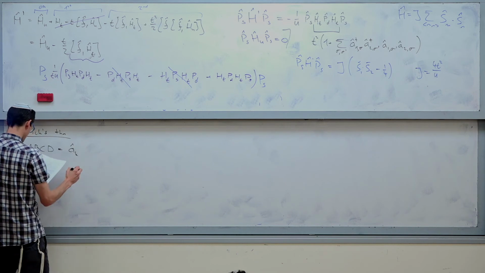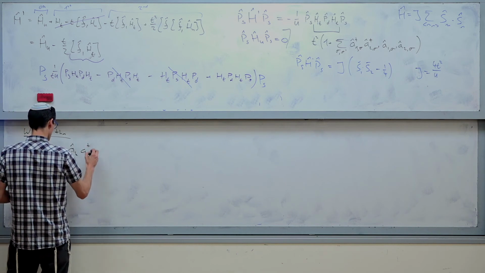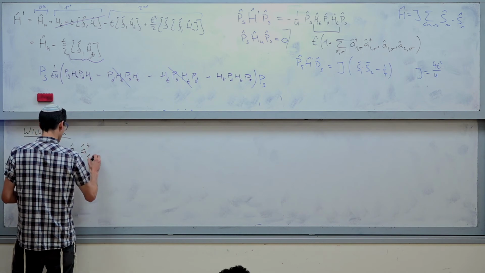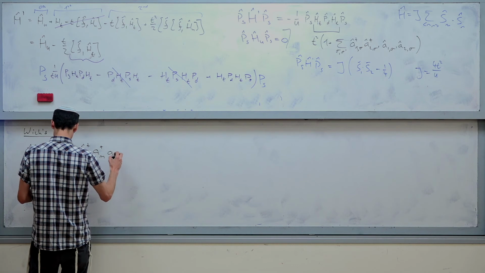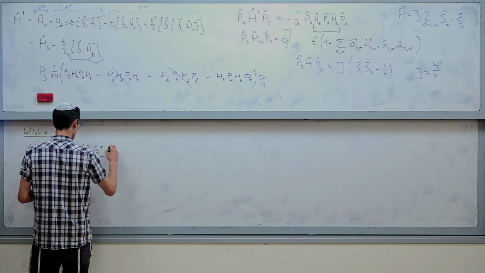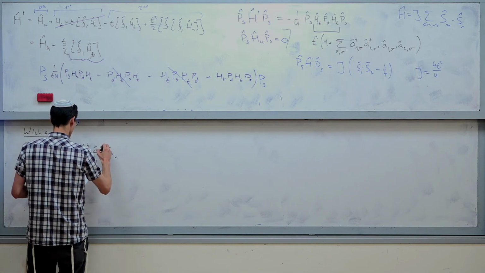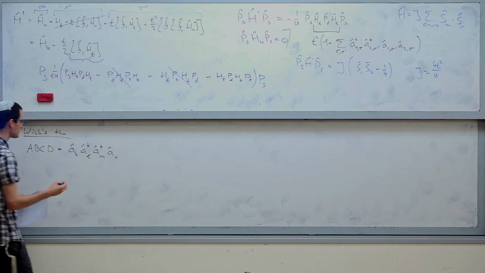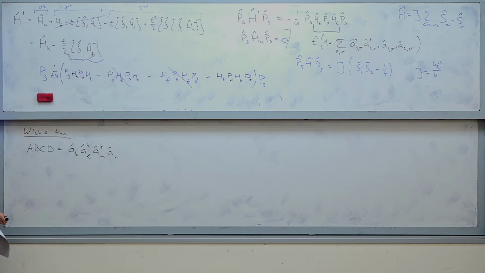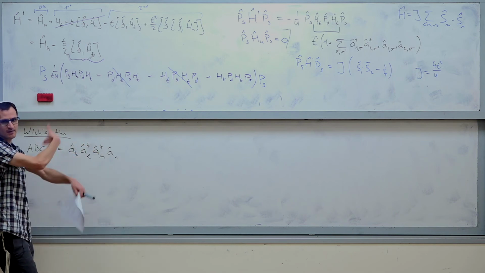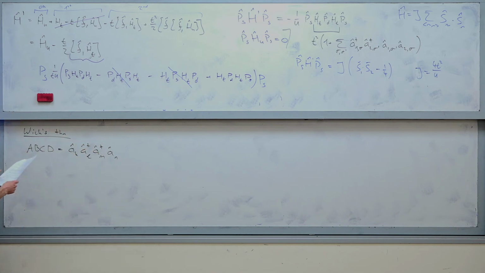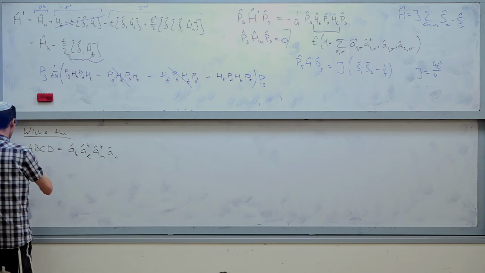I'm destroying a particle in state K, I'm creating a particle in state L, and I'm creating one in state M, and I'm destroying one in state N. That's an example where K, L, M, and N could be all different, or 2 of them could be the same, or they could be all the same. Anything is legal here. Now I'm defining the normal order of this product.